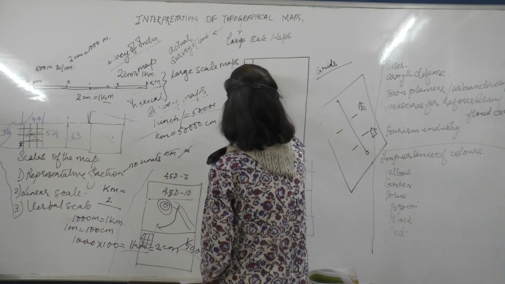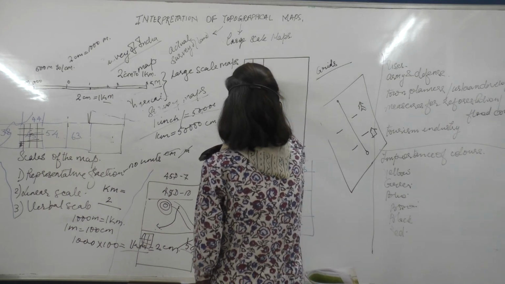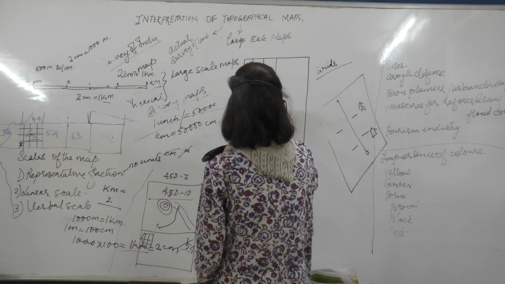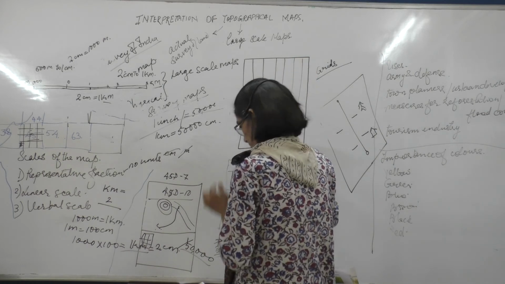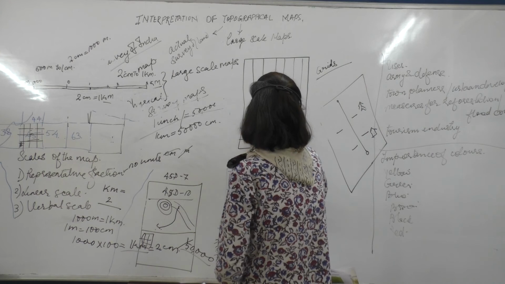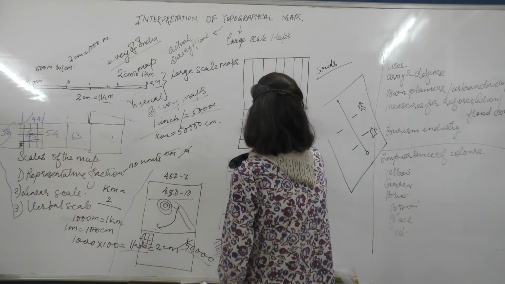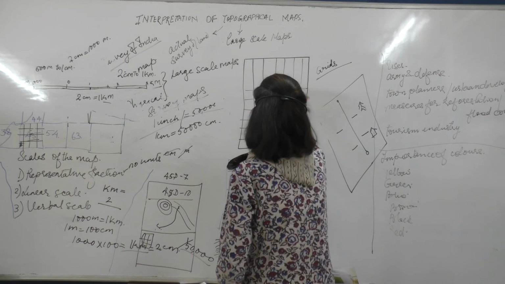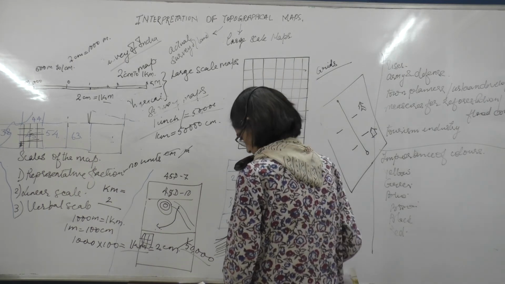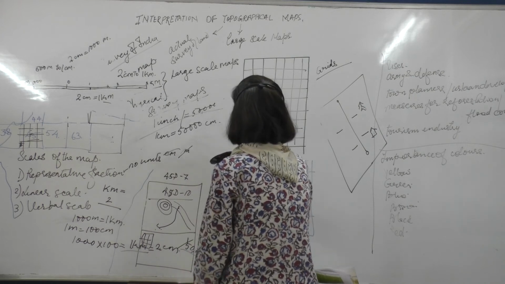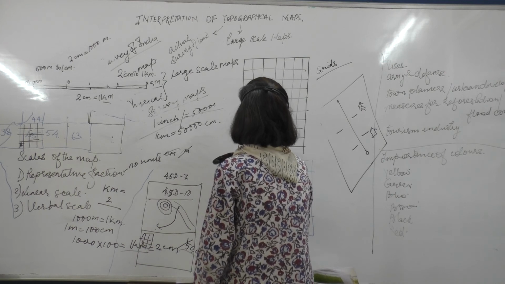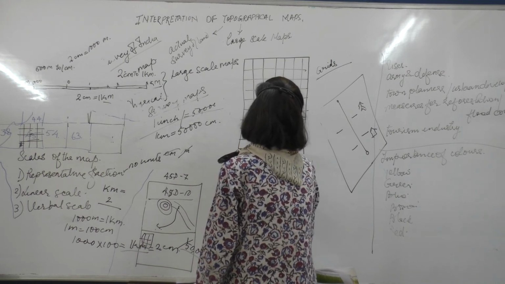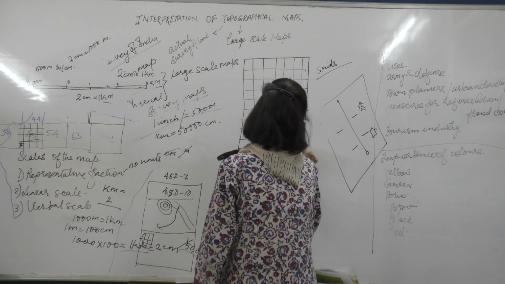There are red lines in this manner on your topo sheet. And then these red lines also run in this manner. You will have the numbers here, double digit: 02, 03, 04, 05, 06, 07, 08 and 09.